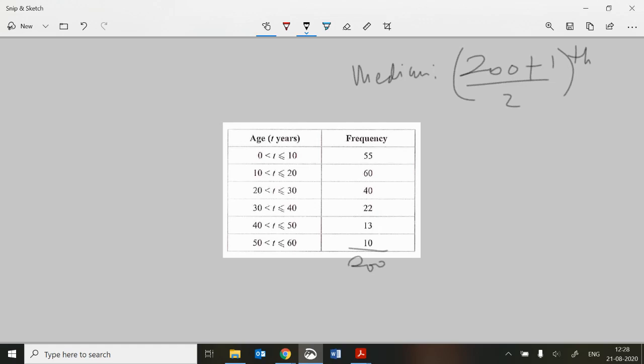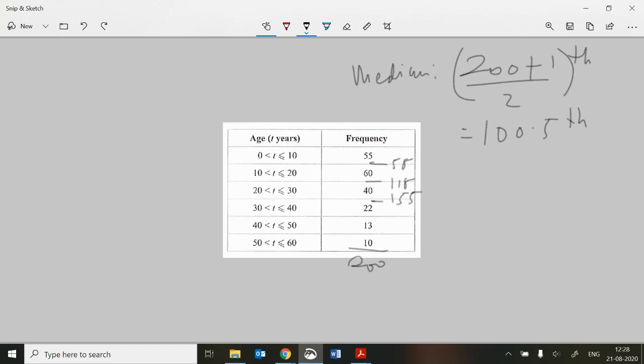We've got 55 up to here, 115 up to here, and 155 up to here. So we can see that the 100.5 value lies in this category here.